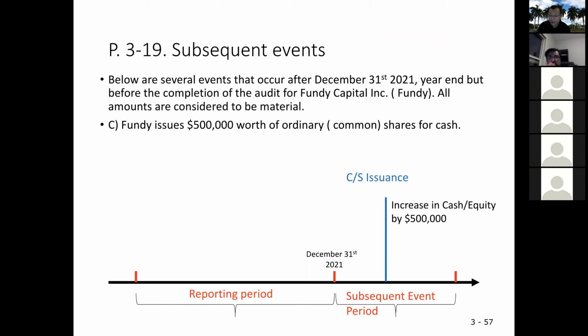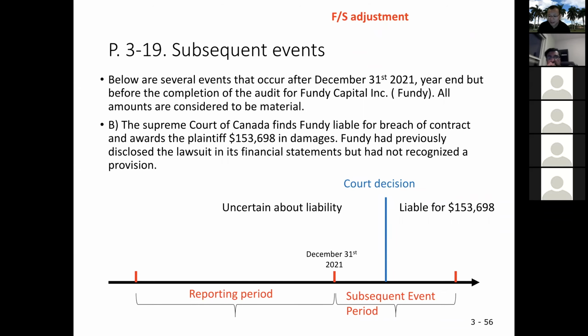Yes. In this case, if the court decision happened after the signature date, that means you don't have this information during the subsequent period. You have to keep disclosing this information, because up to the signature date you still don't know the amount of liability.